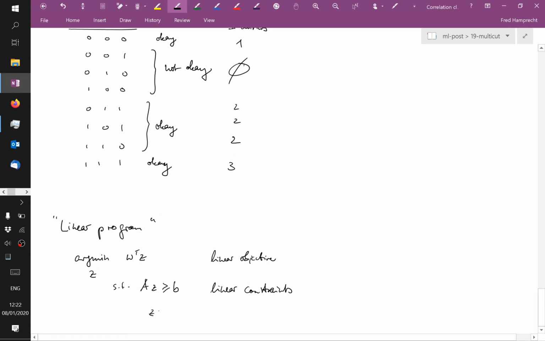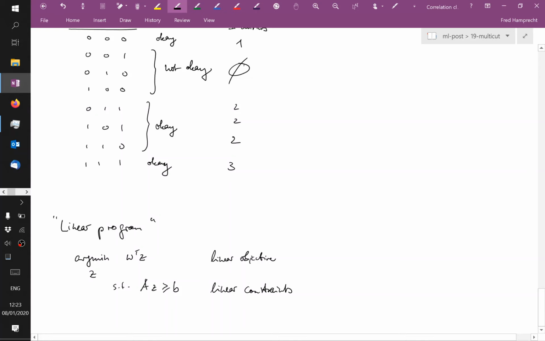So sometimes Z no less than 0 is added as an extra constraint, but we can subsume this in the linear constraints as I've written them here. So I'm telling you that there are programs out there which solve optimization problems of this kind.